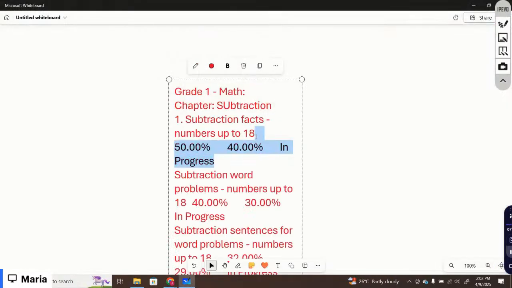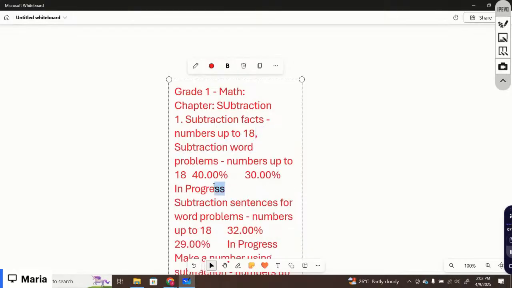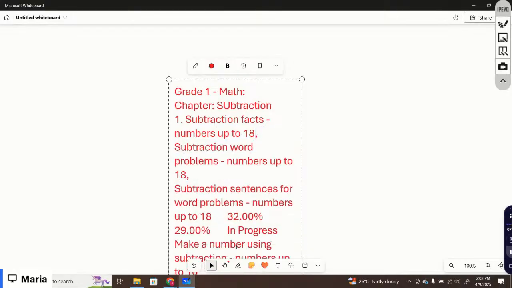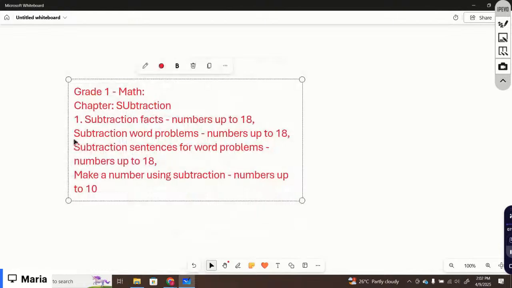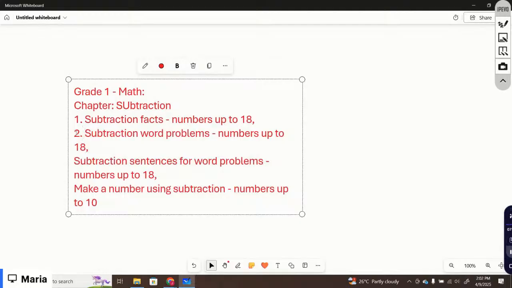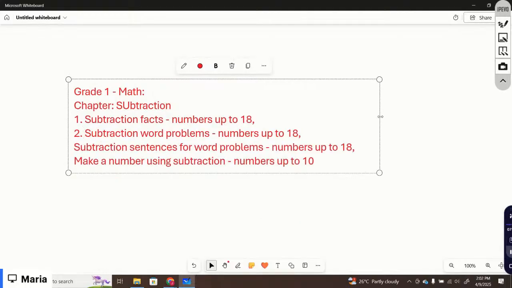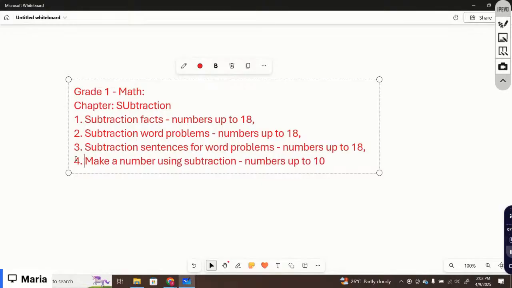The lessons we're going to cover today are subtraction facts numbers up to 18, subtraction word problems numbers up to 18, subtraction sentences for word problems numbers up to 18, and make a number using subtraction numbers up to 10.